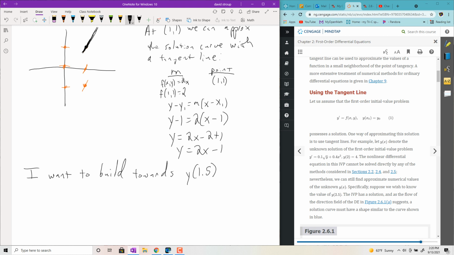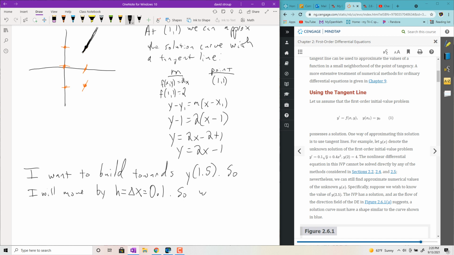So this x value is 1.5. I will move by some h value that is usually given by the problem, which you could think of as the change in x. In this case, I'm going to go by 0.1.